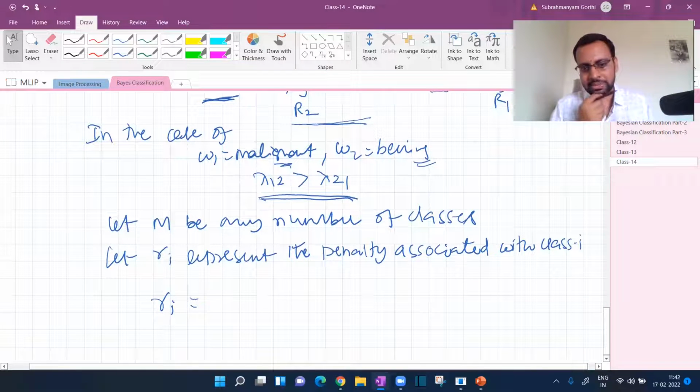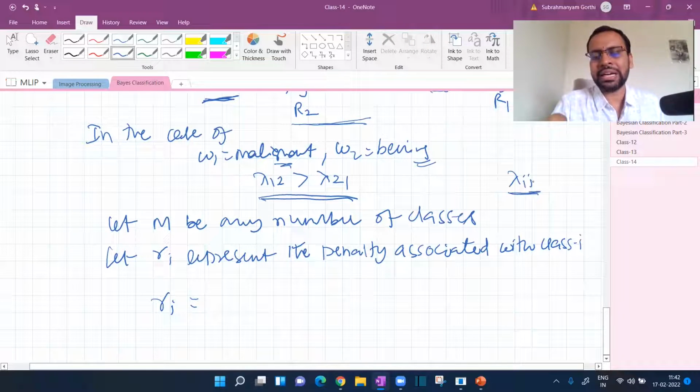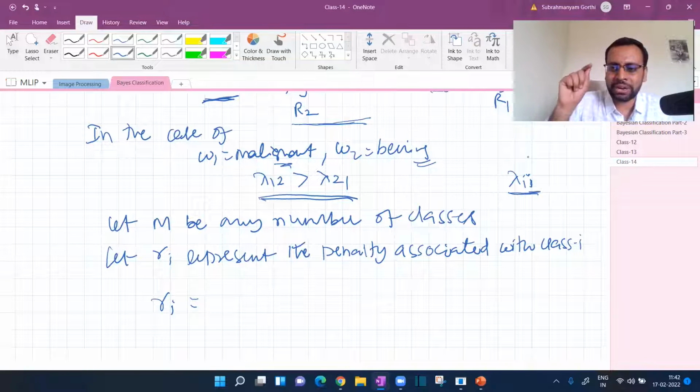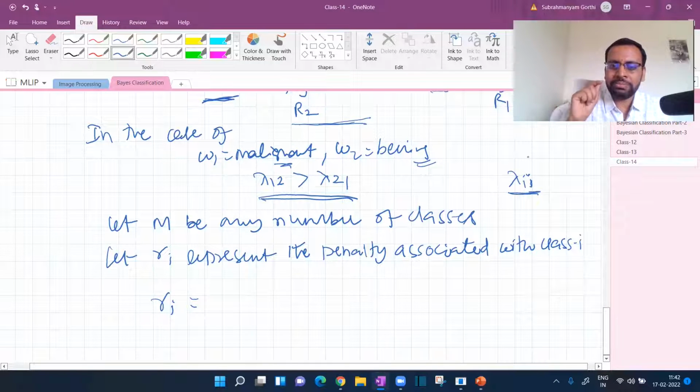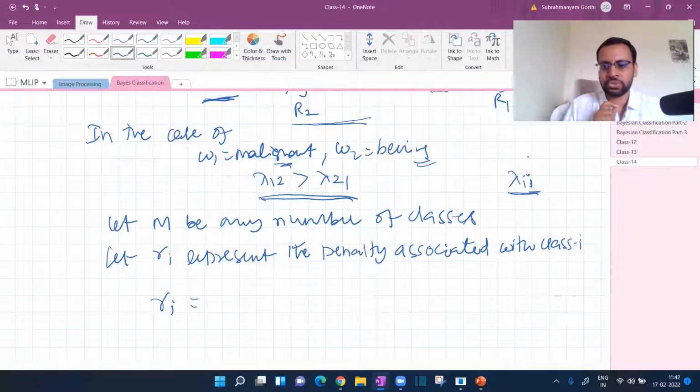So for the ith class, I am calling it R subscript i. For the time being, I would also put a penalty term delta ij. There will be one value of j for which j equals i. What should be the penalty? As I said, lambda 1,2 is the weighting term associated with misclassification of a feature vector which should have been in class 1 but has been assigned to class 2.